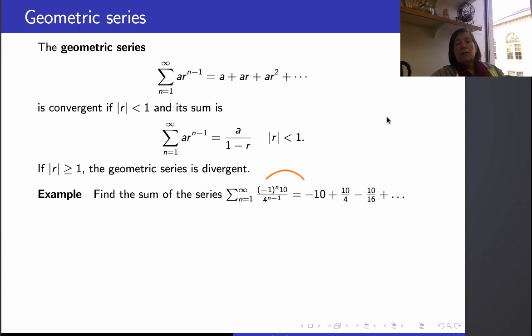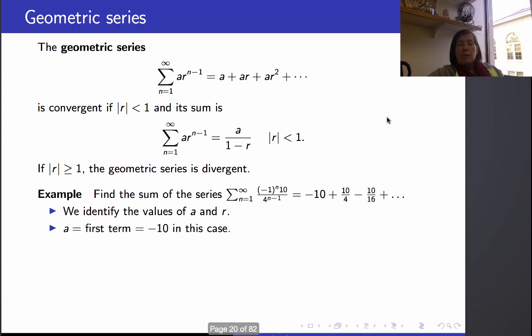So the first term here is when n is 1, and we get minus 10. When we plug in n equals 2, we get plus 10 over 4. N equals 3, we get minus 10 over 16, etc. We have to identify the values of a and r by comparing to the expanded version of the series we're working with above.